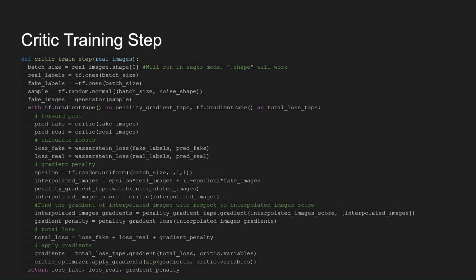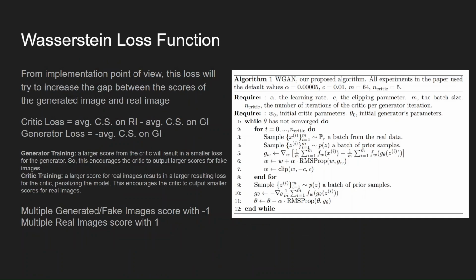Before understanding this code, it's important to see the actual algorithm first. So this is the actual algorithm, and on the top we have some parameters, and one of the parameters is this n critic equals 5. So this basically means that we are going to train our critic 5 times in a single training cycle.